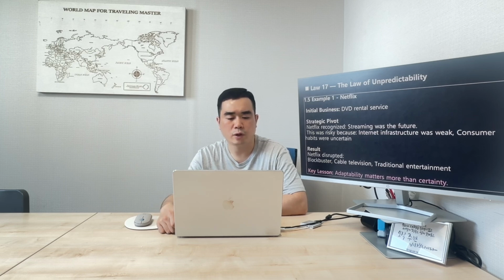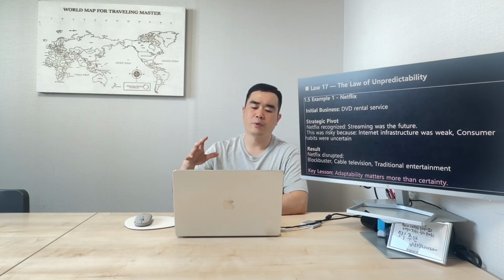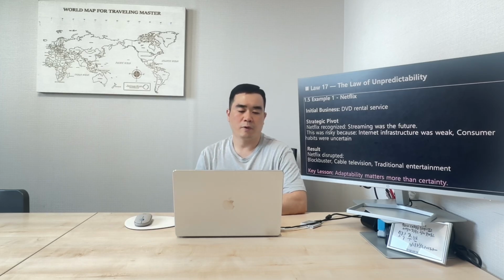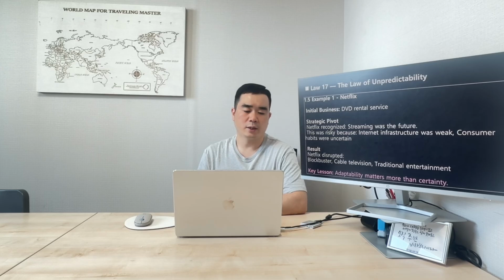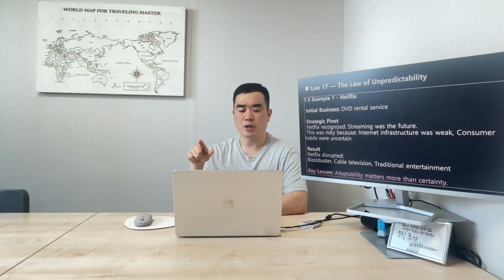Okay, let's move on to the next page. The next page is the example of the law of unpredictability. The first example is Netflix. I think you already know Netflix and already use the Netflix video application.